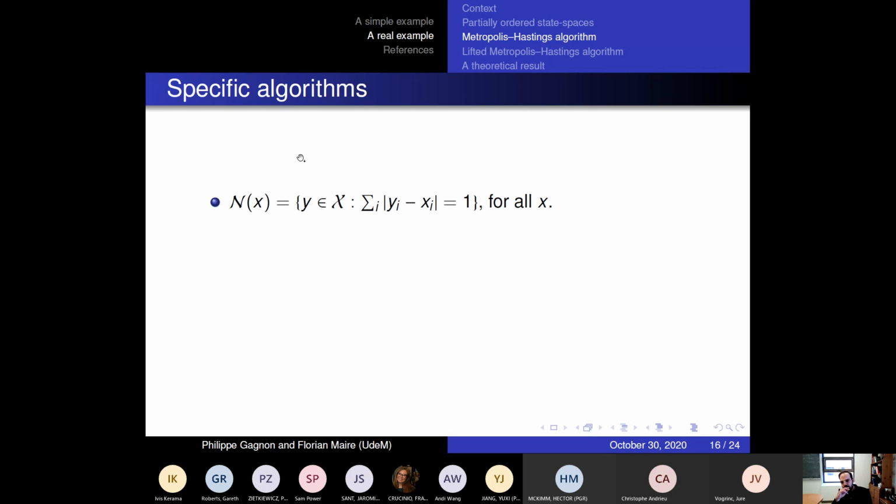So to be completely clear about how you can choose the neighborhoods and the proposal distributions in our example of variable selection, I will present them. So you could set the neighborhood of x to be the models y such that you have this condition: the sum of absolute differences between the components is equal to 1.